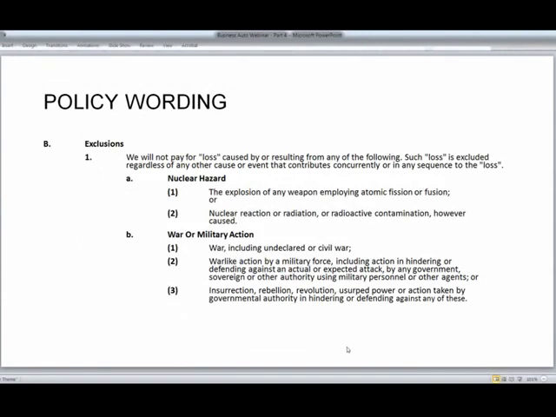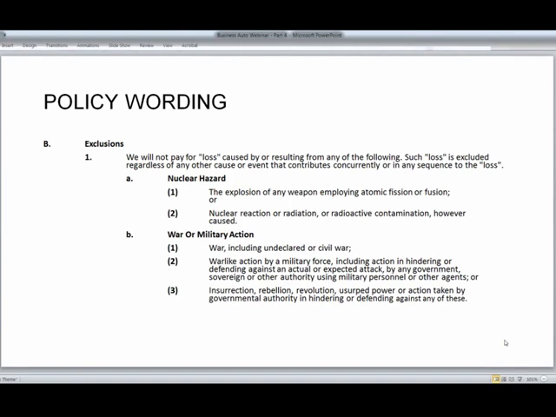Here are the exclusions. Policy wording here. Nuclear hazard. If your insured gets too close to a nuclear accident, and that nuclear accident contaminates your truck, we do not cover that. We do not cover if your insured uses a truck in war, insurrection, rebellion, revolt, and other things.